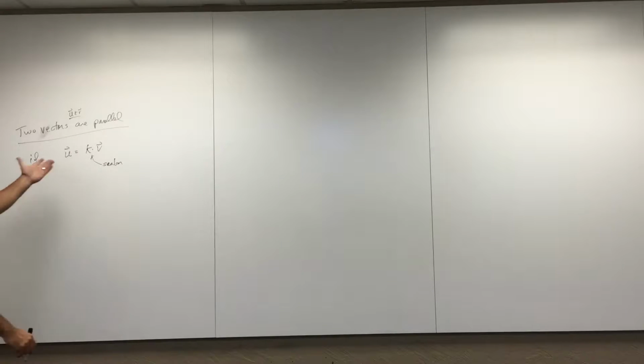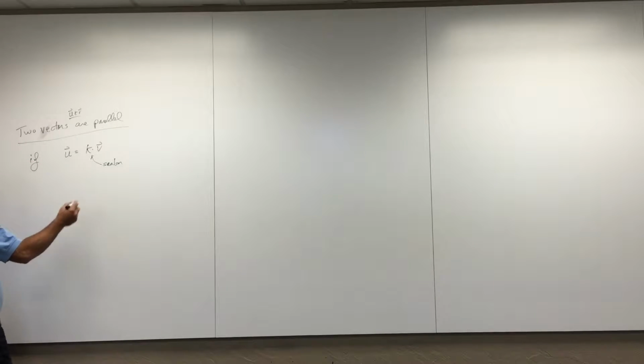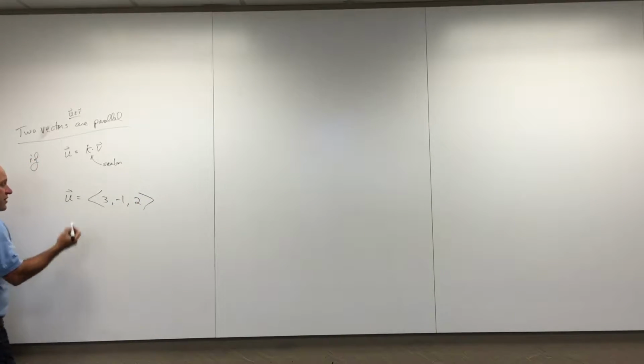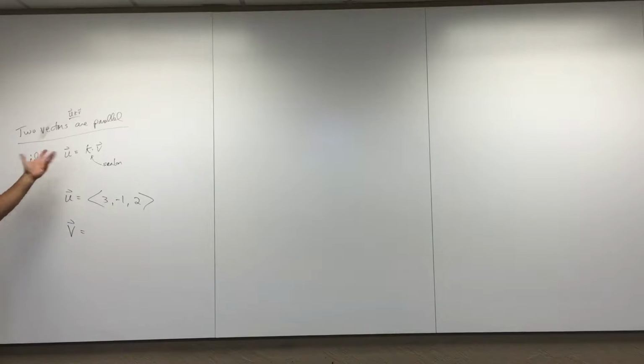This is what makes two vectors parallel. If you've got this vector u = (3, -1, 2), can you come up with a parallel vector? Here's how you say it in words more easily: any scalar multiple of a vector is a parallel vector.